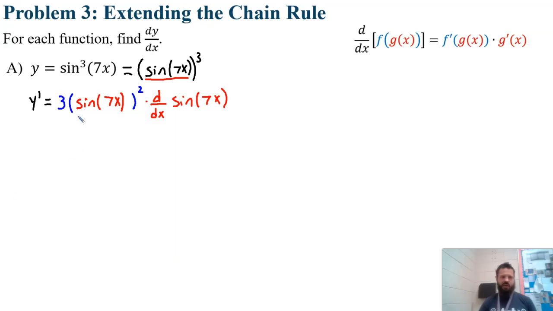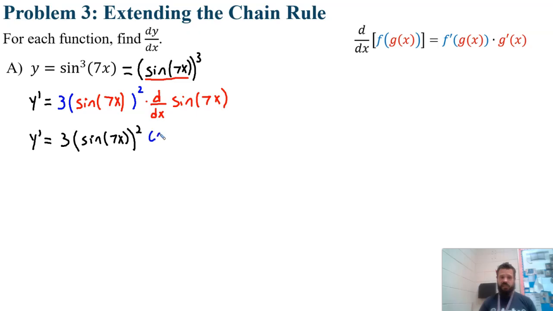Alright. So we've got our first derivative taken care of. Now we're going to have to use the chain rule again for the next derivative. So we'll just rewrite the first part: 3 parenthesis sine of 7x squared. Okay, so now let's apply our chain rule again for this derivative. Outer function is a sine x.